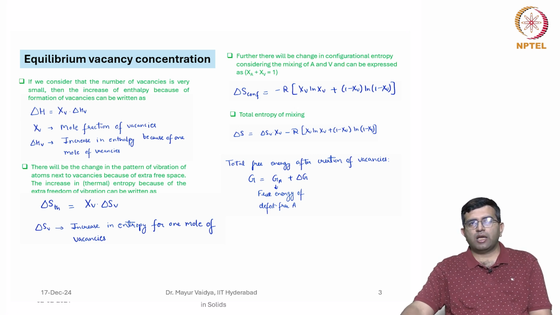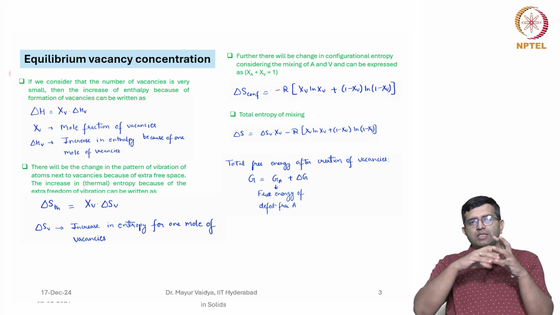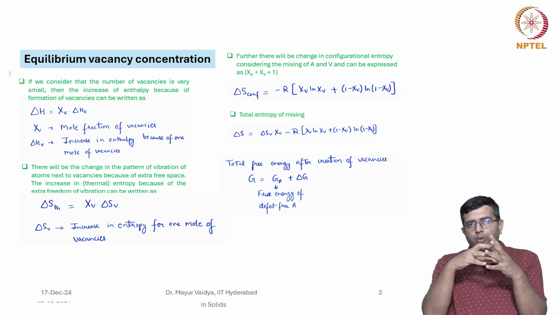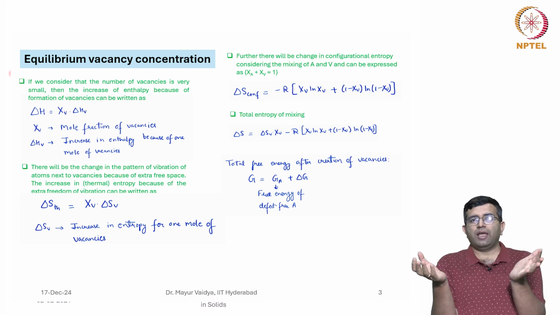If we consider that the number of vacancies is very small, then the increase of enthalpy because of formation of vacancies can be written as delta H is equal to XV into delta HV, where XV is the mole fraction of vacancies and delta HV is the increase in enthalpy because of 1 mole of vacancies. See, a vacancy means a bond has to be broken, and a bond being broken will change the enthalpy.